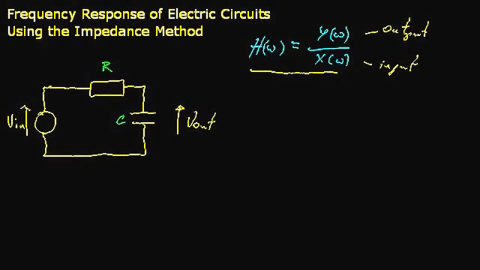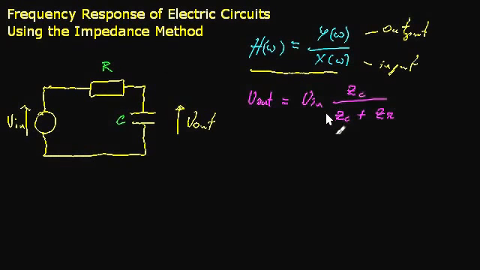Now the impedance methods are very straightforward, so let's just go through with this example. In this case the output voltage Vout will be equal to the input voltage Vin multiplied by the impedance of the capacitor all over the impedance of the capacitor plus the impedance of the resistor. That's just using the basic potential divider rule.